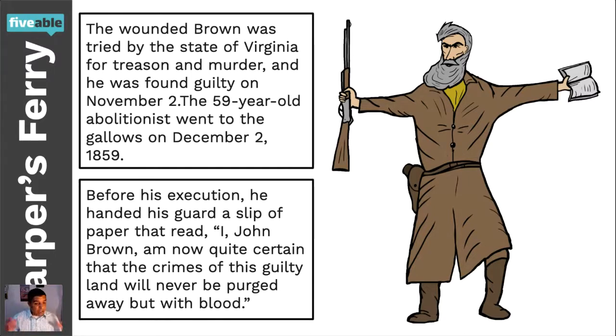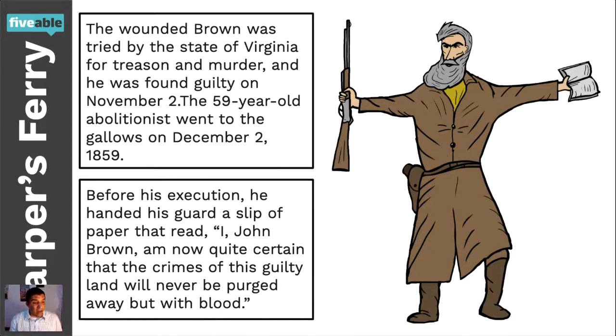And right when he's going to walk out for his hanging, he turns around and he says one of the most prophetic things that you could say at that time. He says, look, I, John Brown, am now quite certain that the crimes of this guilty land will never be purged away with blood. And basically he's saying, I thought that killing a few people could get rid of slavery.